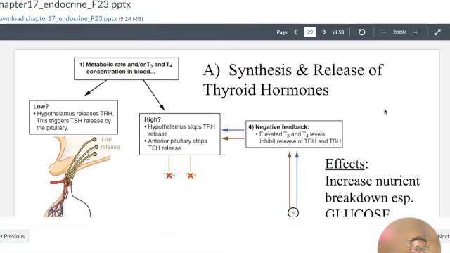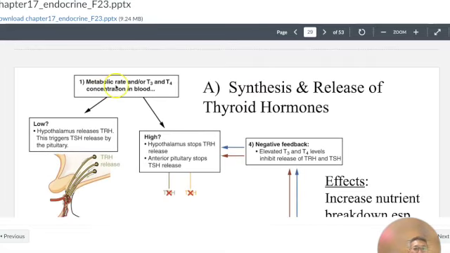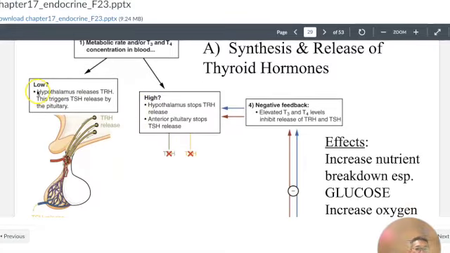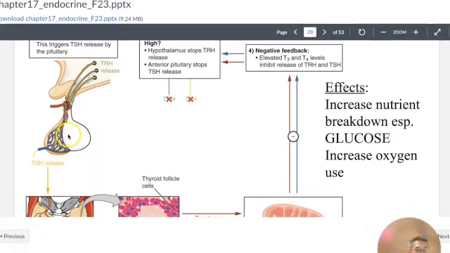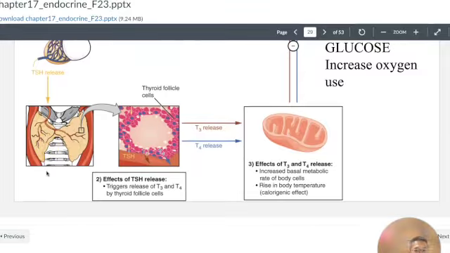Let me see if it says here. So it helps with metabolic rate and metabolism, and regulates T3 and T4 concentration in the blood. When you have low thyroid hormone, the hypothalamus releases thyroid releasing hormone. This triggers thyroid stimulating hormone, which then goes to the thyroid, and we already saw how it works.